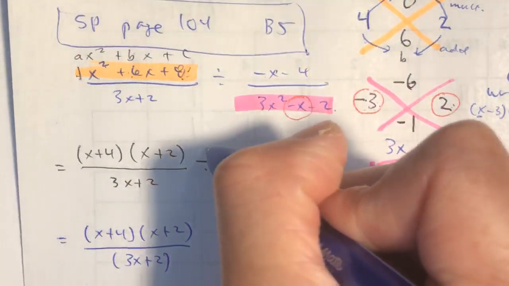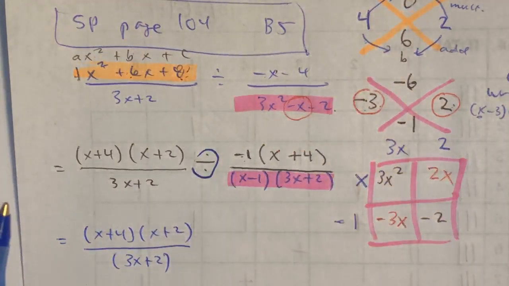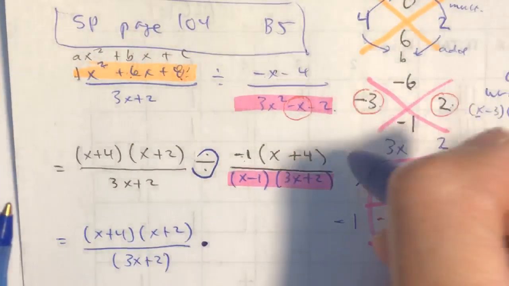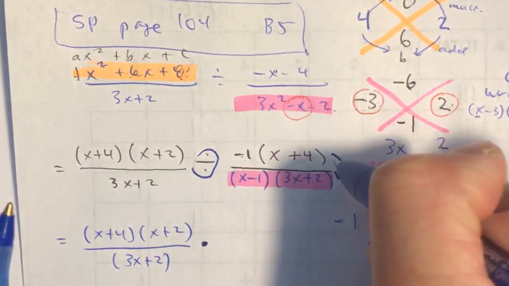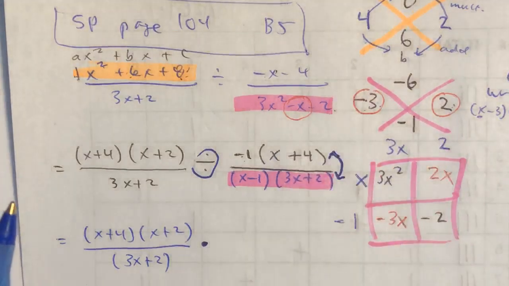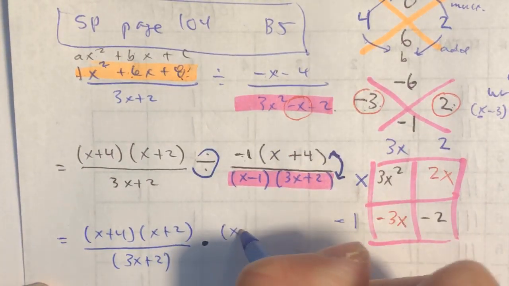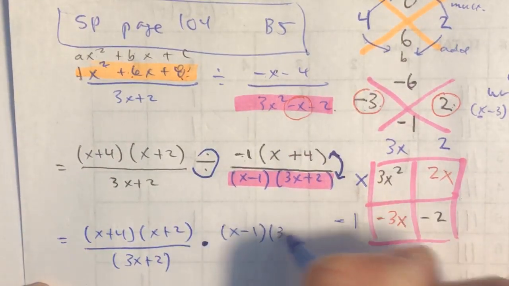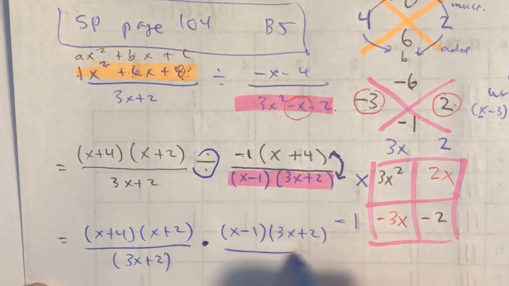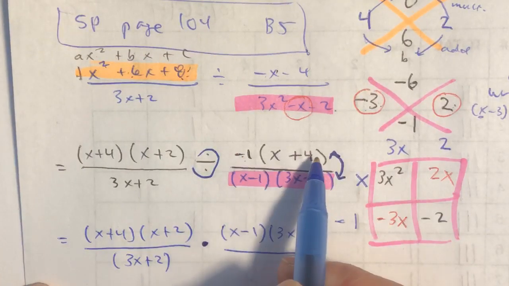Okay, now this division sign turns into multiplication, and I'm going to flip the terms. So in the pink, this will become the numerator, and what was on the top now goes on the bottom.